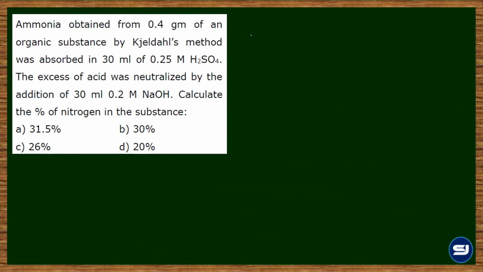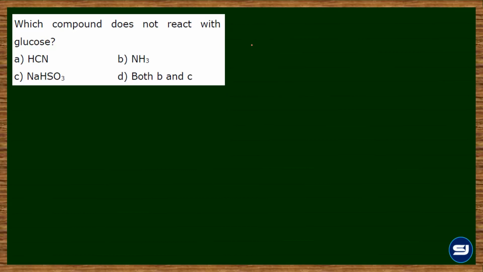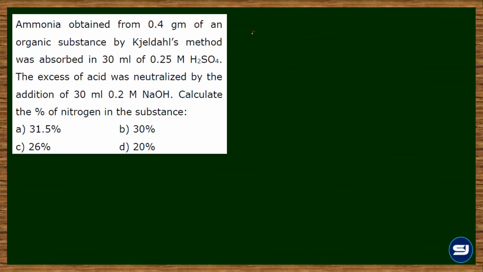So, as per Kjeldahl's method, we have to use the formula to calculate the percent of nitrogen as 1.4 times milliequivalent of the acid upon weight of the organic sample.